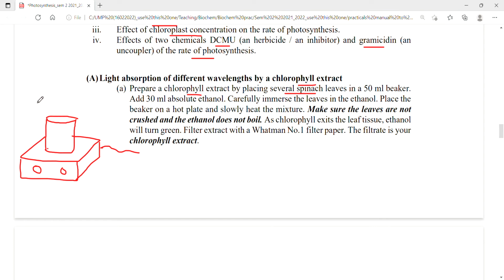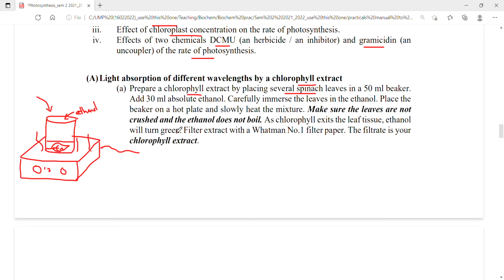So here you put a few complete leaves, and then you also put ethanol, just enough to submerge the leaves, and set it at a low temperature, maybe 1 or 2, and hopefully heat comes in.